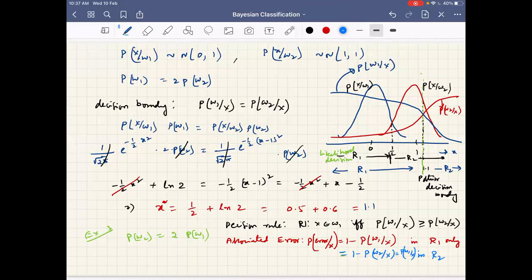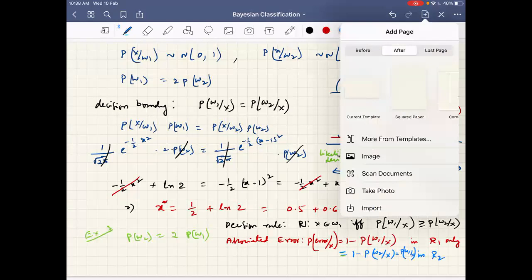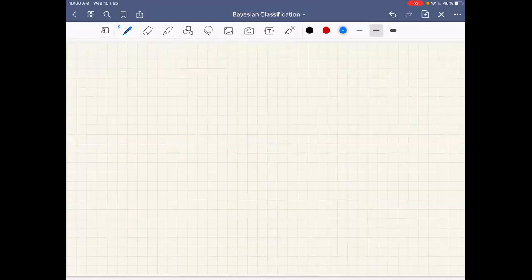Now I will use this, but my interest is not just the error given X. I want to write the overall error. How should I get the overall error?